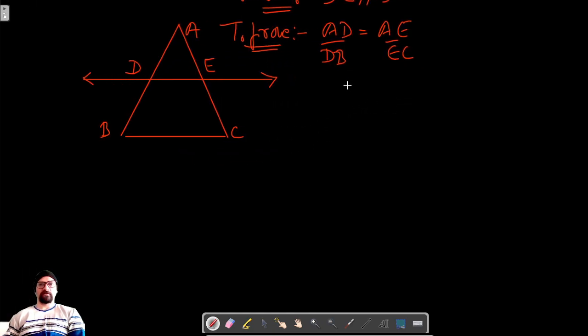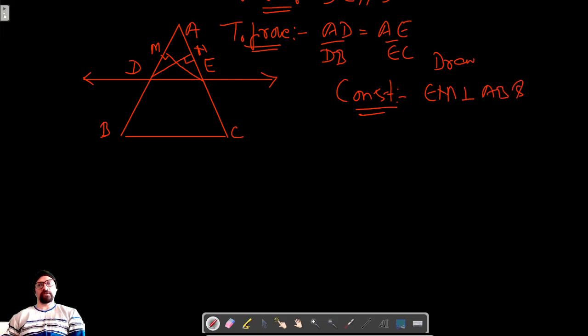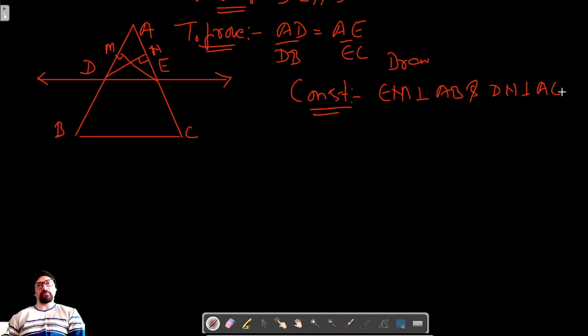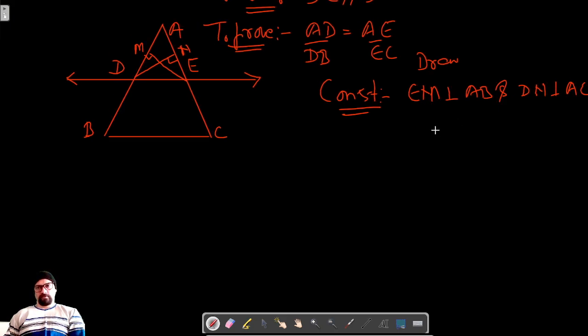And for this, let's do some construction. The construction is that we are going to draw DN and EM perpendicular to AB. So this is EM. So the construction is: draw EM perpendicular to AB and DN perpendicular to AC.